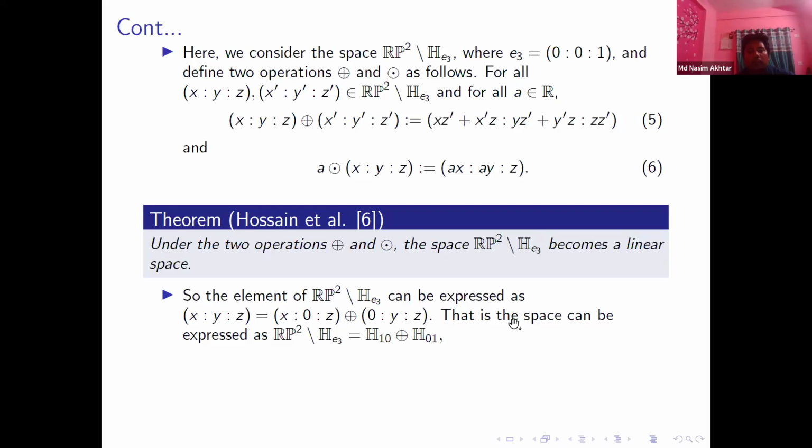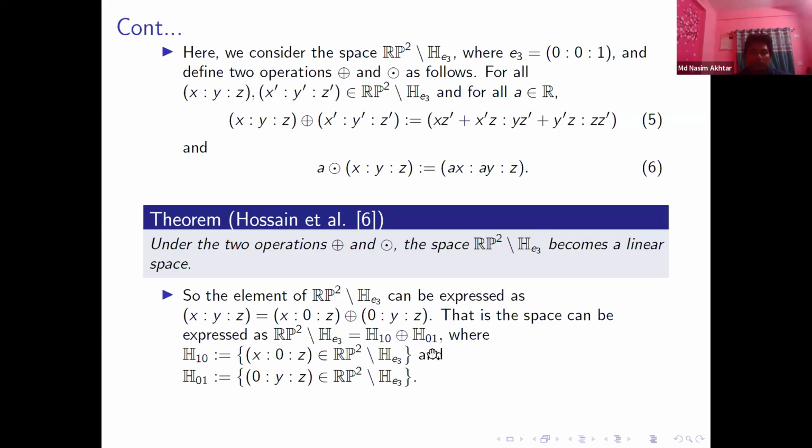So that means the space RP2 minus HE3 is decomposed as H10 plus H01, where H10 is nothing but the (x, 0, z) belonging to RP2 minus HE3, and H01 is nothing but the (0, y, z) belonging to RP2 minus HE3. H10 is all the lines passing through the xz plane, and H01 are all the lines passing through the yz plane.